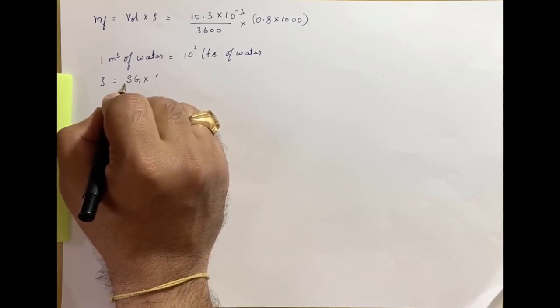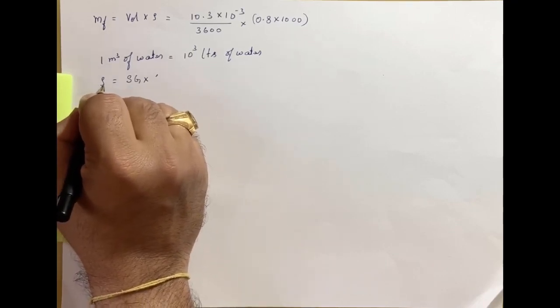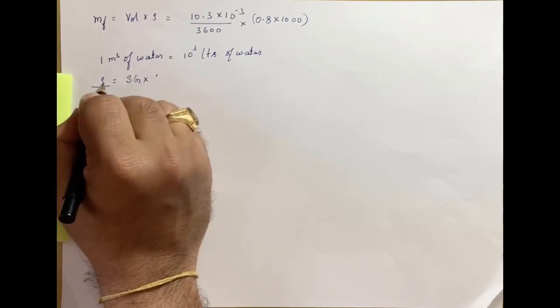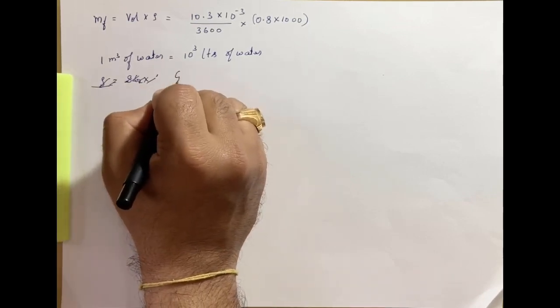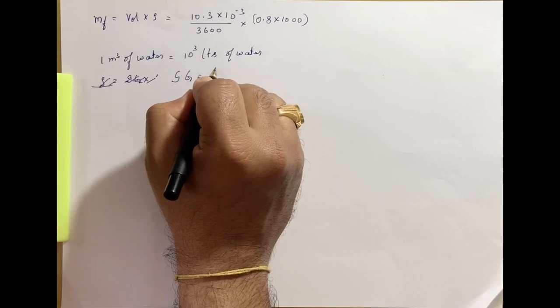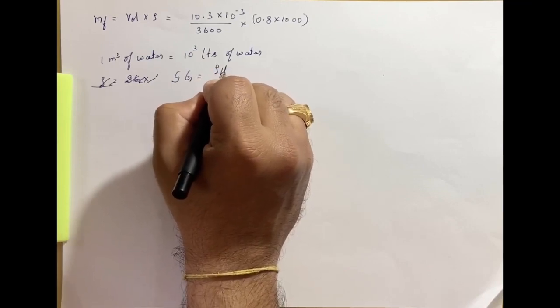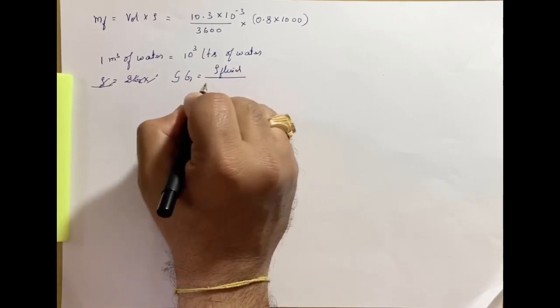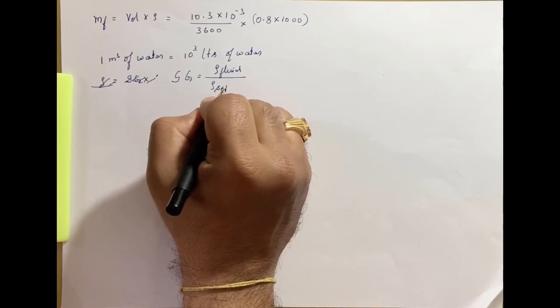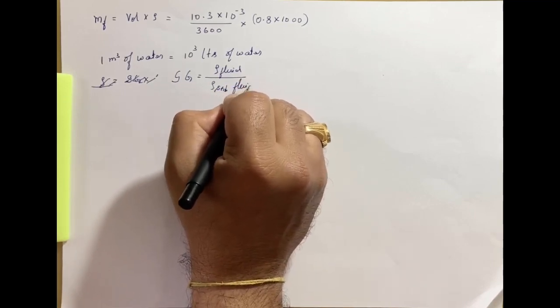Specific gravity is equal to density of the fluid divided by density of the standard fluid.